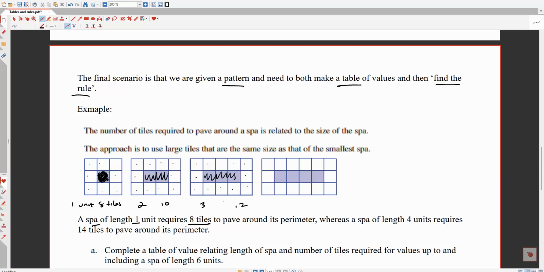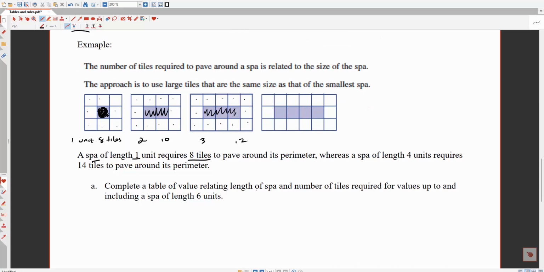Okay. Alright, so let's start answering some of the questions. Complete a table of values relating length of spa and number of tiles required for values up to and including a spa of 6 units. Okay, so we know that, let's write tiles. Actually, let's write unit length and tiles.